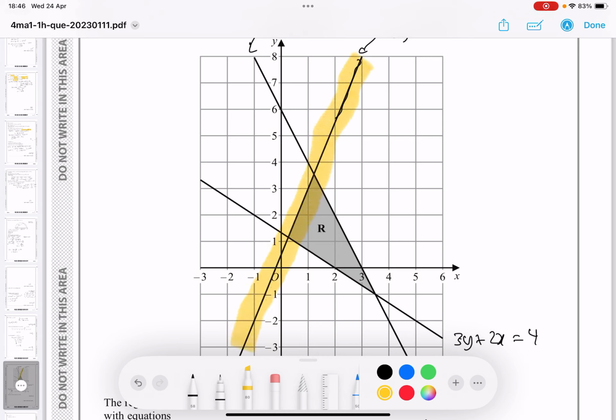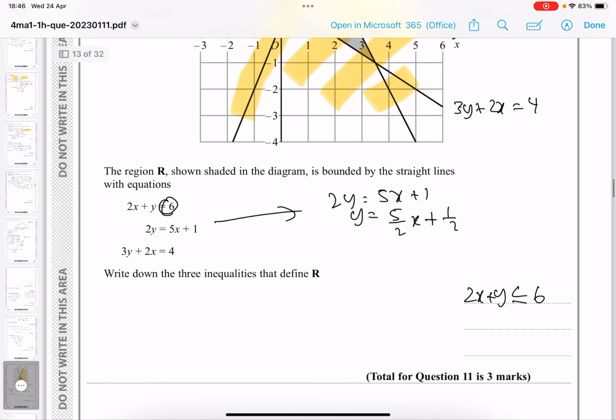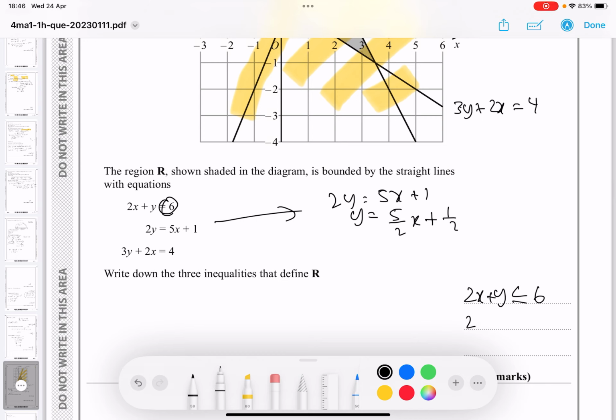And if you can see, region R is here, okay? It's to the right-hand side, like there. Okay, that's region R. So that means that 2y has to be greater than 5x plus 1, because it's covering this right-hand area. So we can write the inequality as 2y is greater than 5x plus 1.